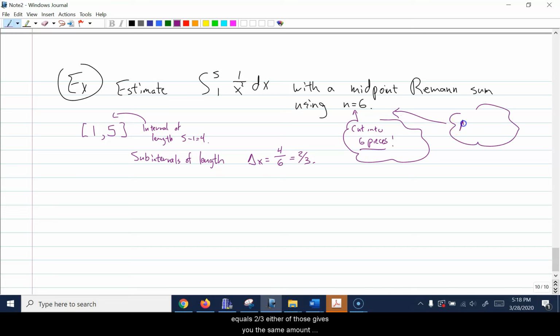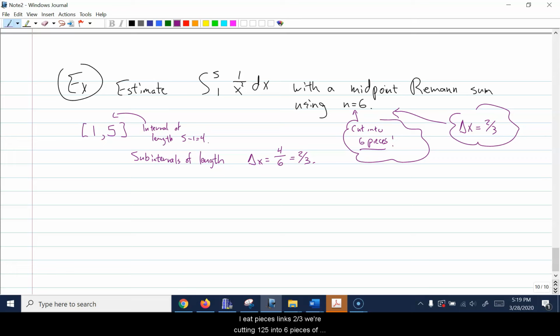It could have, instead of telling us n equals 6, told us delta x equals 2/3. Either of those gives you the same amount of information. I can either tell you how many pieces to cut it into or how big the little pieces should be. Either of those is enough to figure out the problem. Usually it'll give you one and not the other. You have to figure out the missing piece from the piece you have.